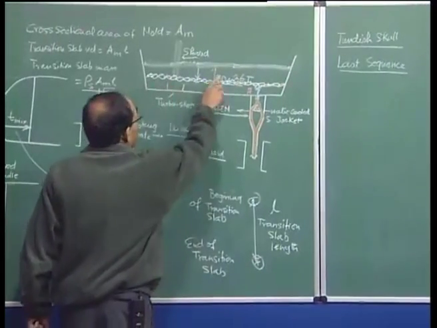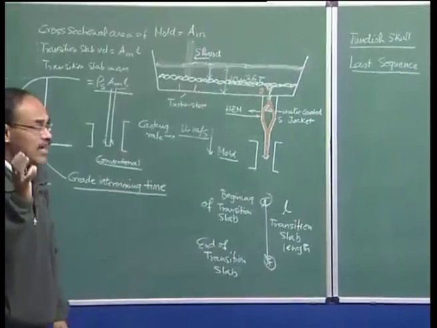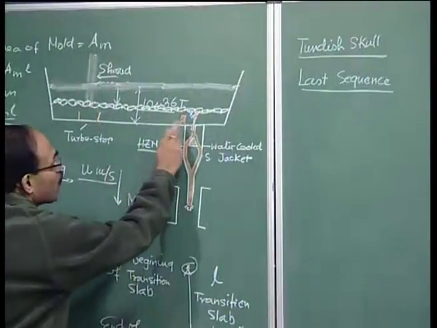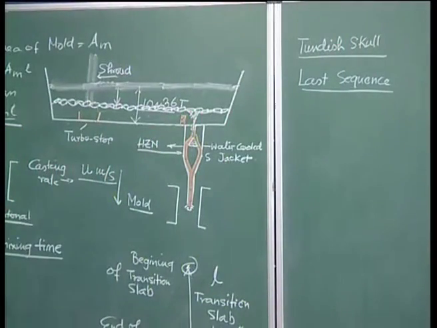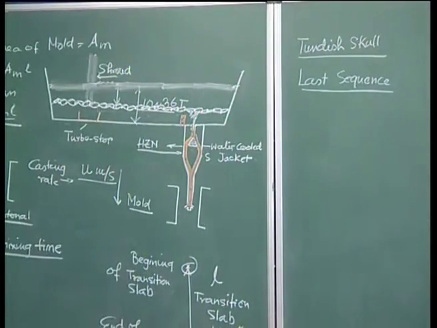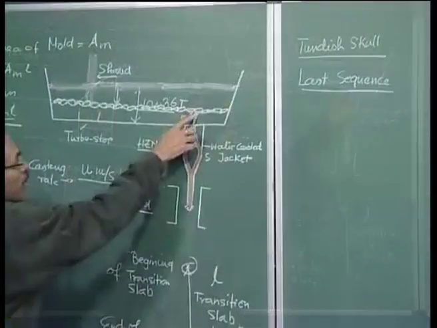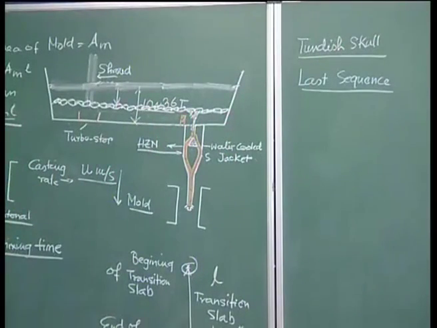So, there is now considerable interest to minimize tundish skull, and this can also be maneuvered to a certain extent by controlling the geometry of the tundish itself. You have to understand how slag vortexing works at a fundamental level, what controls the slag vortexing, and once you understand that aspect, you should be able to design the tundish in such a way that the residual level of liquid at which slag vortexing takes place will get reduced.